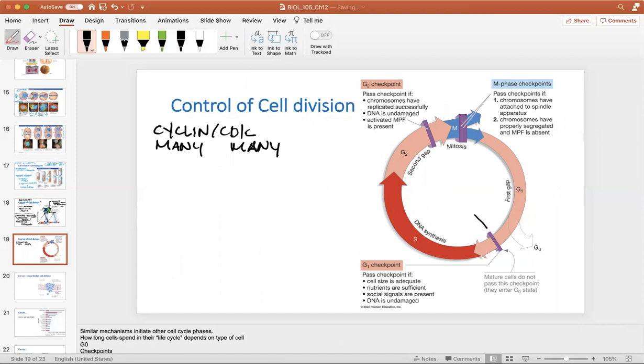So right here, there's a cyclin CDK combo that turns that on. And right here, there's a cyclin CDK combo that turns mitosis on. And right here is a cyclin CDK combo. Wherever we have cyclins and CDKs turning on phases of the cell cycle, those are called checkpoints, cell cycle checkpoints.